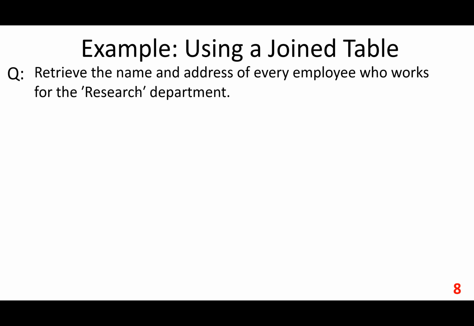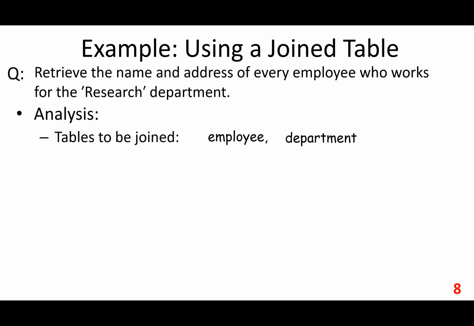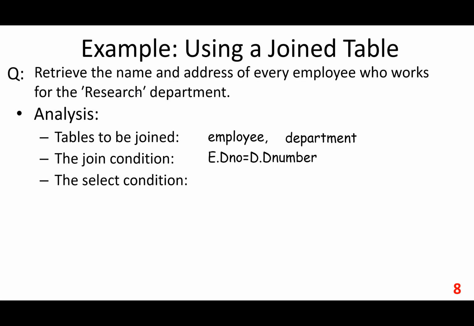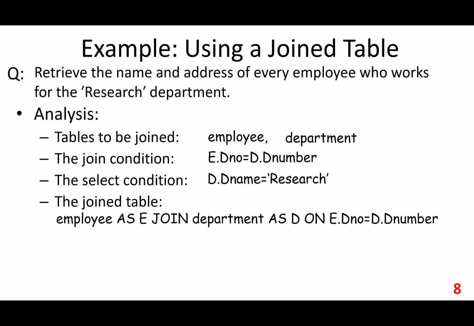In the old way, that's pretty simple, a two-table join. Here, the tables to be joined are the employee table and the department table. The join condition: the department number in these two different tables, with different names, should be the same. The select condition is the research department.